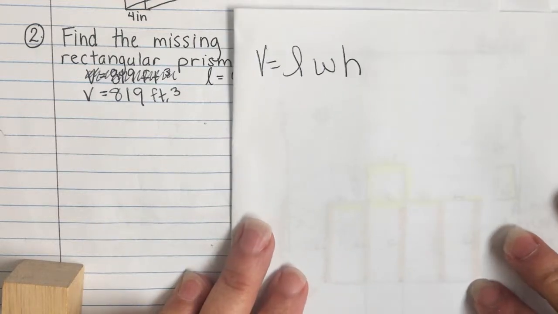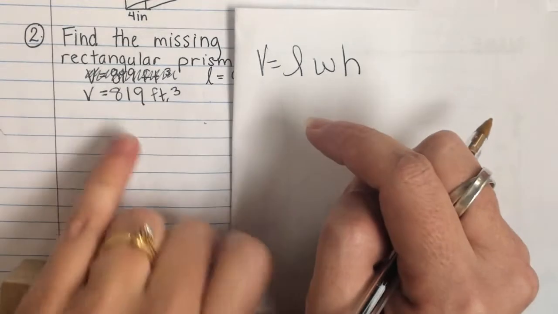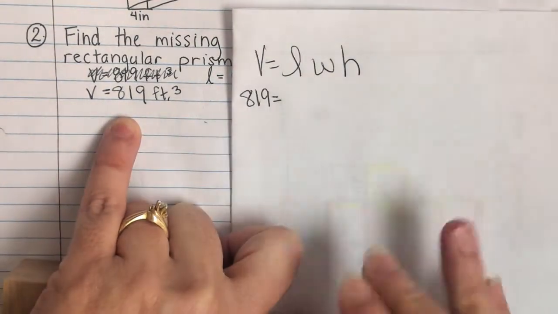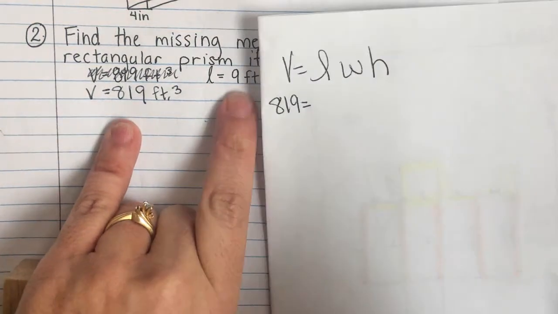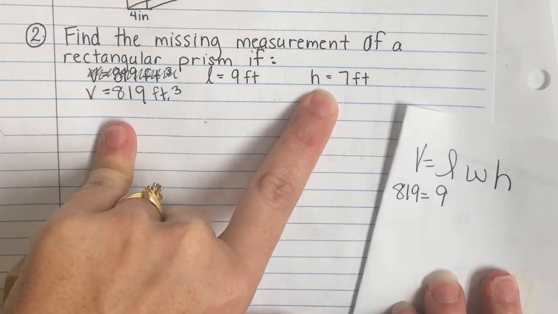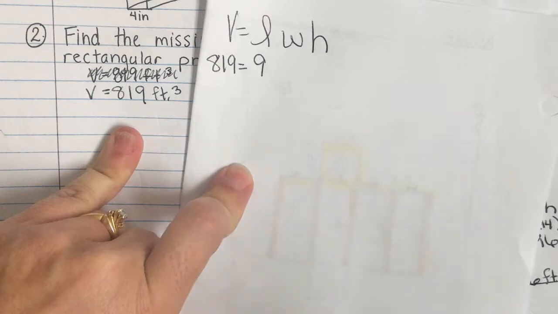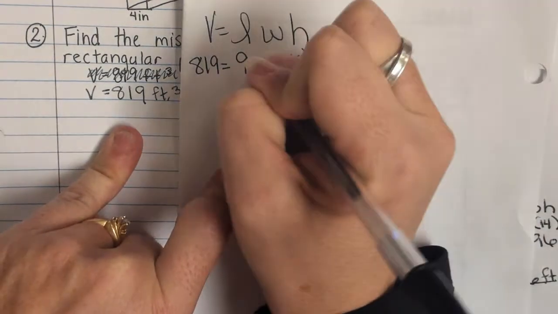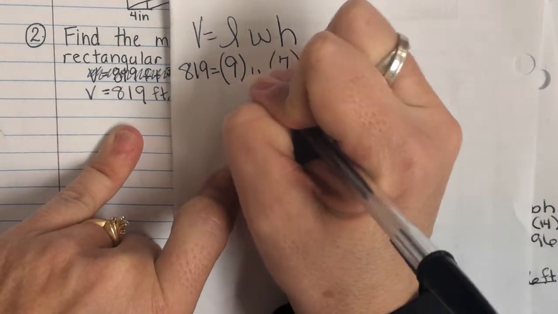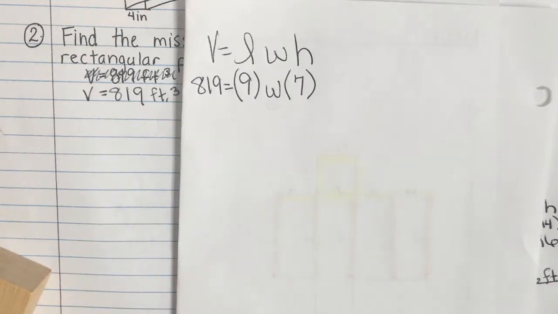So first you've got to know that. Take what they give you and fill it in. My volume is 819. My length is 9. And my height is 7. So what they have not given you is the width. That's why my W is my variable.